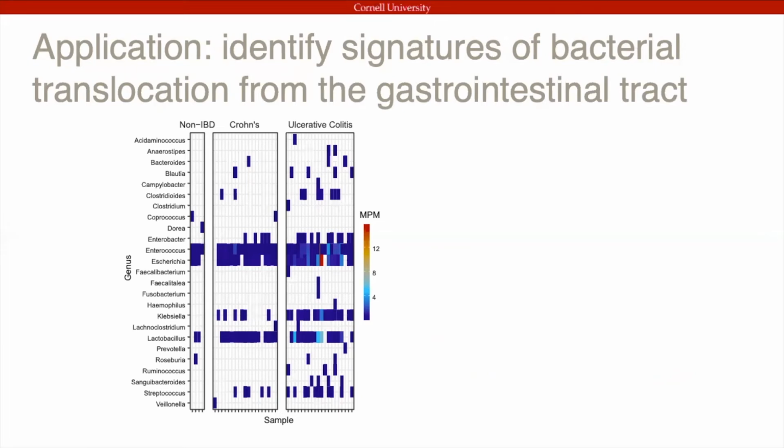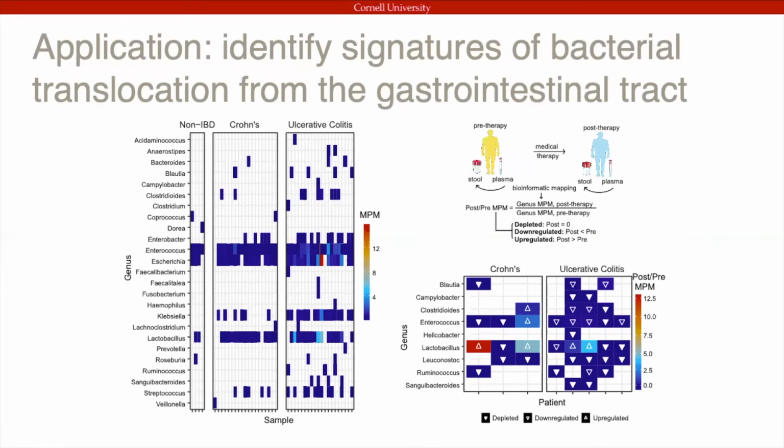Using metagenomic stool DNA, we then mapped our plasma cell-free DNA to the species identified. We can see that for individuals without IBD, there are very low, if any, signatures of bacterial translocation in plasma. However, the diversity of these GI tract species increases, especially when we start to look at individuals with ulcerative colitis.